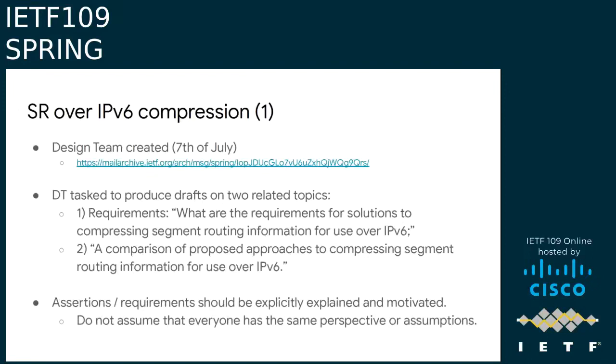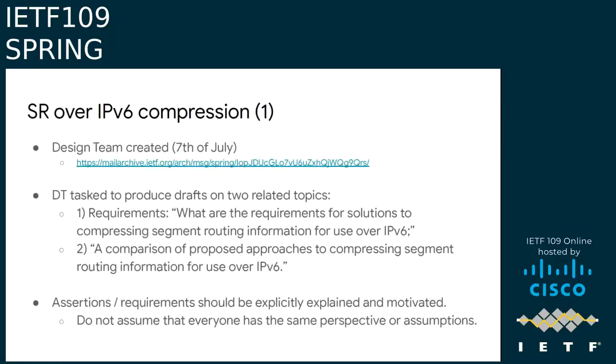So just to level set everybody, the chairs of the Spring Working Group created a design team on the 7th of July, specifically to look at the subject of compression, or SRv6 over not SRv6, SR over IPv6 and compression. We tasked the design team with two rather broad topics.